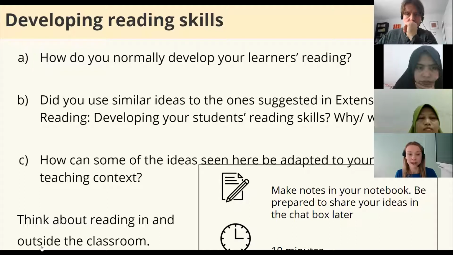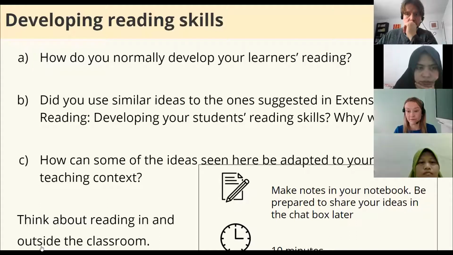And then also, how can the ideas that we have discussed be adapted to your teaching context, your situation with your students? And you can think about this both inside the classroom and outside the classroom as well.